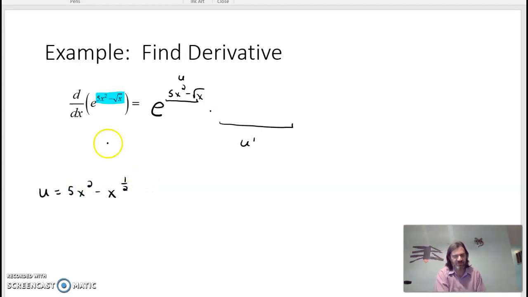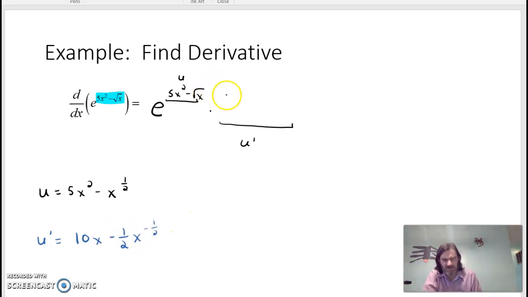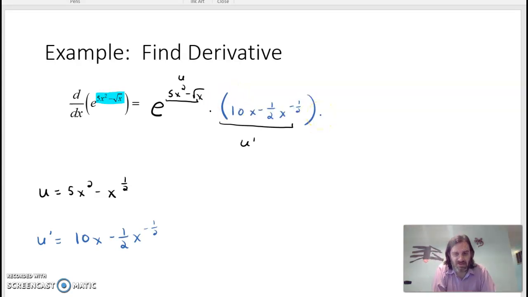That is our f or g if you like to call it that. The derivative of that will be 10x minus 1/2 x to the negative 1/2. So we'll tack that onto the end: 10x minus 1/2 x to the negative 1/2. Not much cleanup you can do there unless you really want to write things as roots, and we'll move them to the bottom.